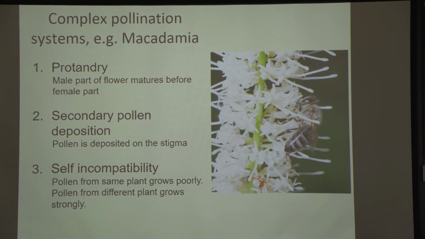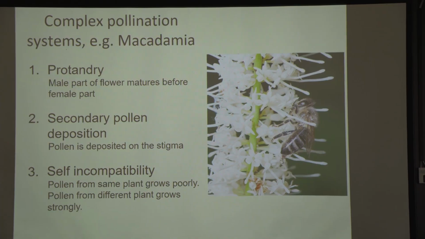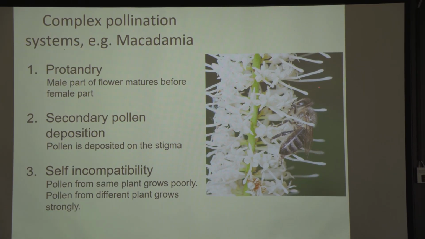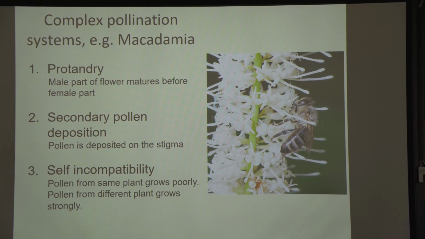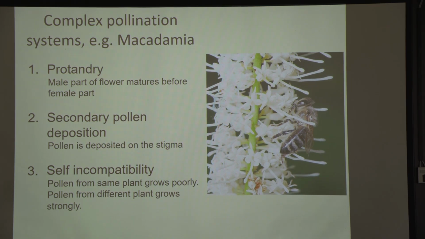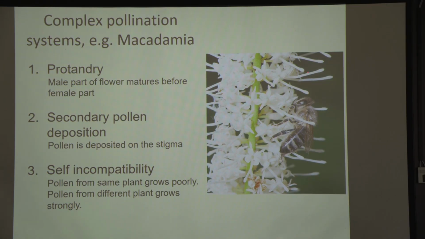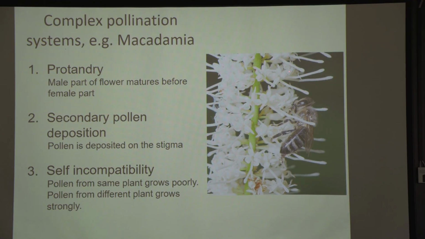The female parts look pretty similar. These longer ones are all female parts. The male parts are these, down the bottom of the flower. They're on the petals. The anthers are on the petals.